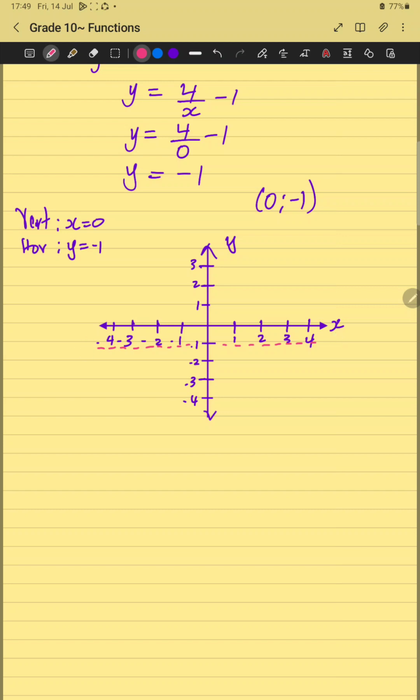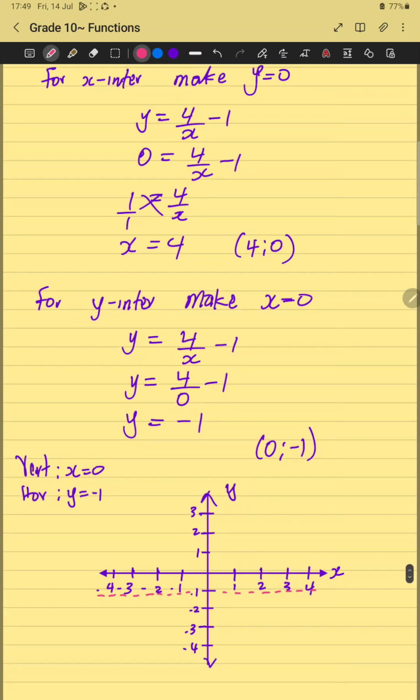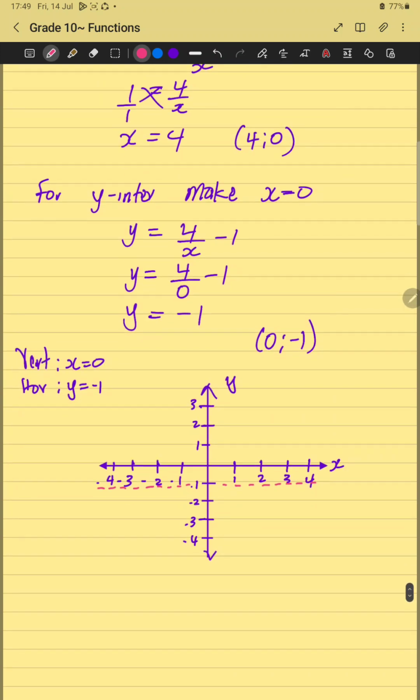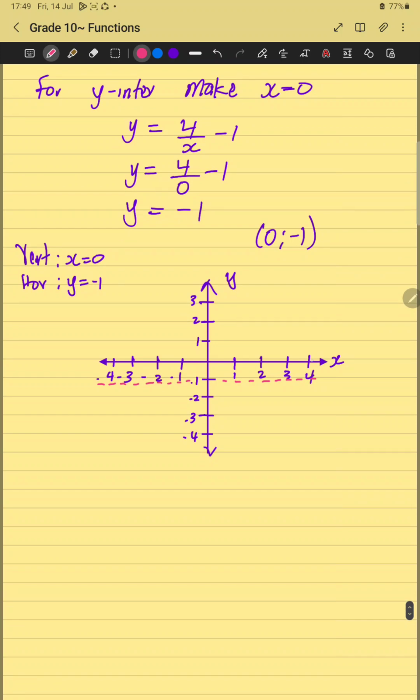And then from here we look at the intercepts. The x-intercept is 4, so y is 0, so it's over here. And the y-intercept is -1, so that means somewhere here.